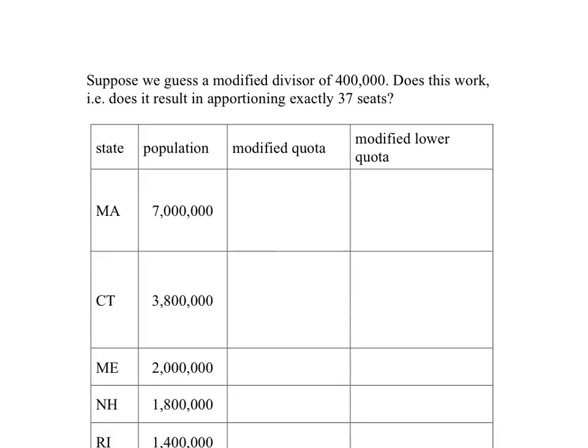In other words, we're going to compute state population divided by 400,000, and we're going to do this for every state, and we're going to see how much the modified quotas are, the modified lower quotas. So it turns out that 7 million divided by our modified divisor equals 17.5, and the modified lower quota is that 17.5 rounded down to 17.